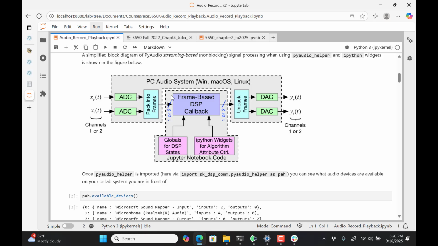So you have a frame of samples, like 1023 samples. You bring all of those in and process them at once, and then you send them back out again, and then meanwhile you're buffering up another frame. That's all handled in the background by the PC's audio system.